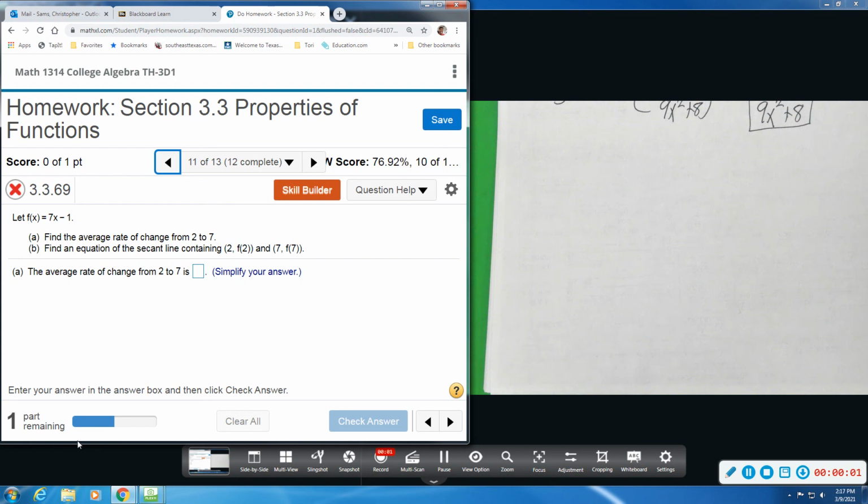All right, number 11. We want to find the average rate of change from 2 to 7 for this given function, and then we want to find an equation of the secant line containing the points (2, 2) and (7, 7).